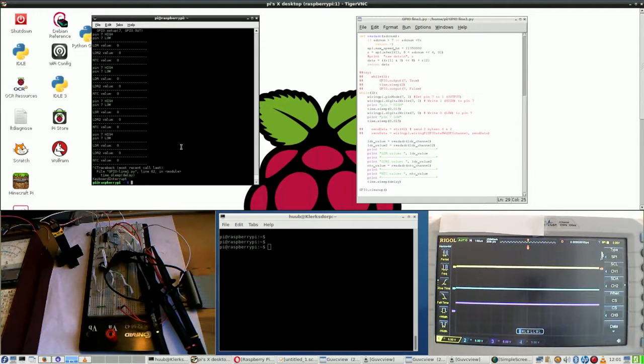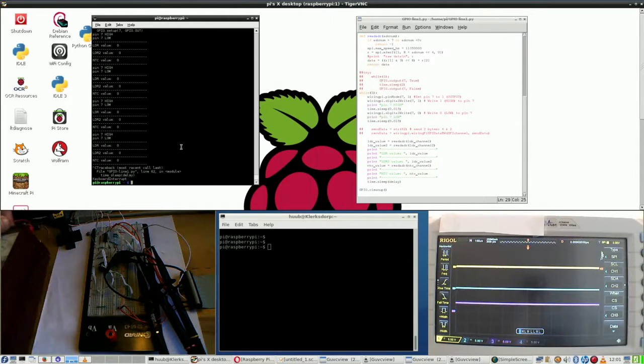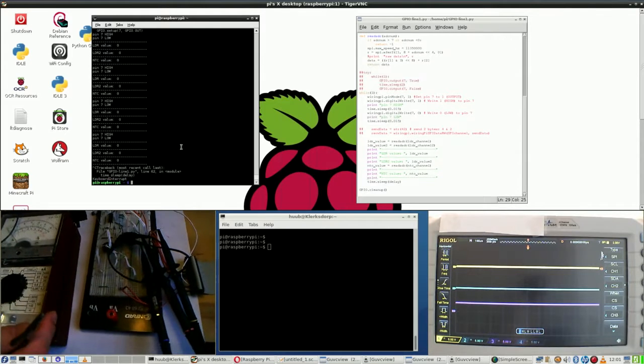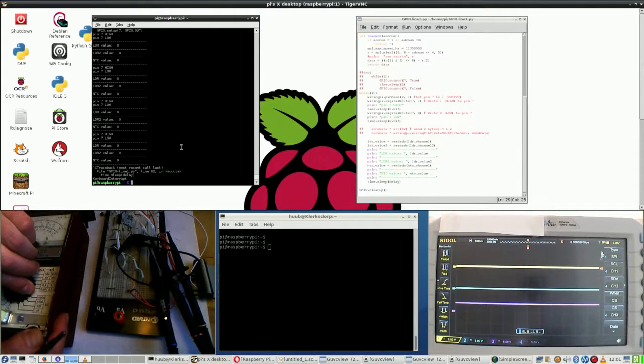So decouple this one, then I will have to change the multimeter setting to ohms and check for ohms, that is.